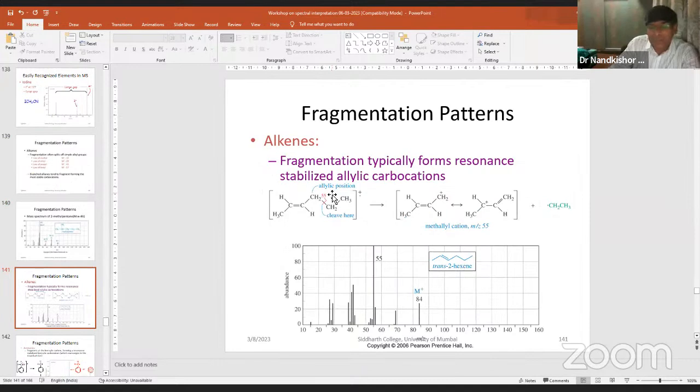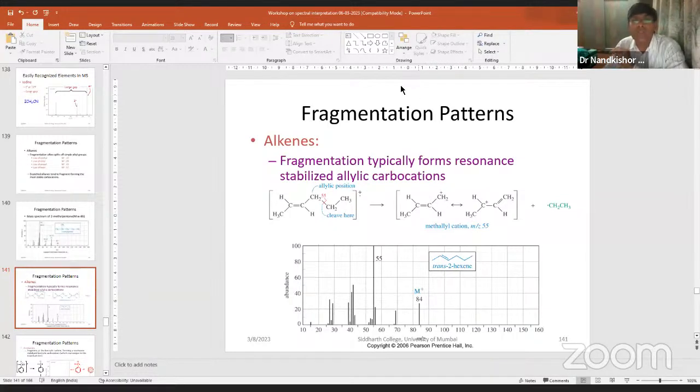Now look here. As I told you, the abundance, that is the natural stability of any fragment, gives you the base value in the mass spectrum, the base peak, the highest or the tallest peak. Now, if you see here, the structure which is an olefinic compound will show the loss of an ethyl group. With the loss of the ethyl group, there is a carbocation alpha to the olefin, and that shows some resonance.